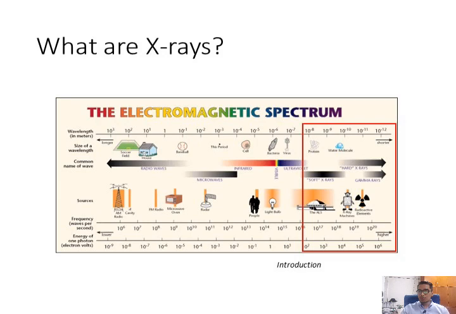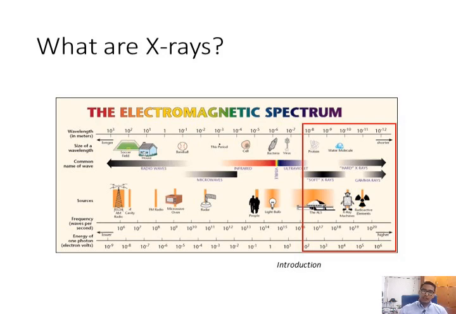So these are the phenomena, and you see that the electromagnetic spectrum has different sources, from lower energy to higher energy, from left to right, and the wavelength gets shorter as the energy increases. We have much more energy for soft X-rays, hard X-rays, and gamma rays.